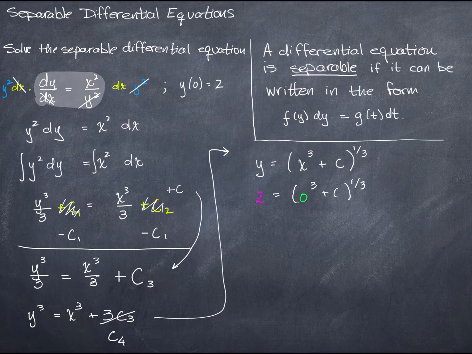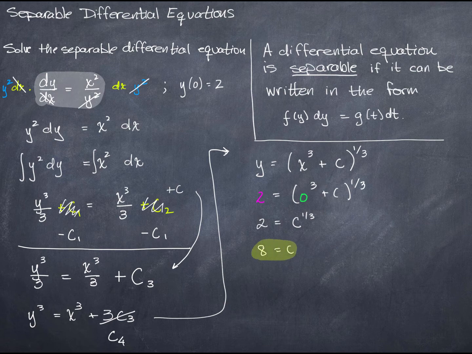And algebraically now I can solve this. 0 cubed is 0, plus c, c to the 1/3, cube both sides, and I get c equals 8. So under these initial conditions, the value of c is 8. This is not the particular solution.